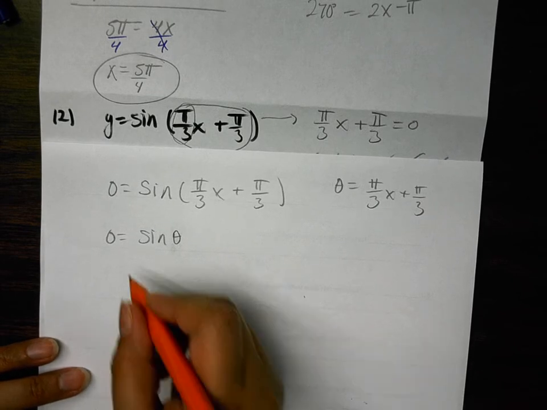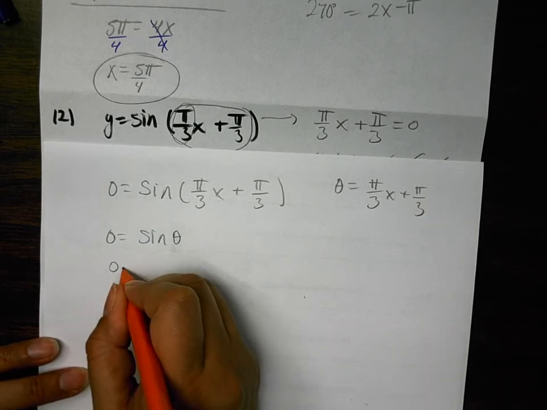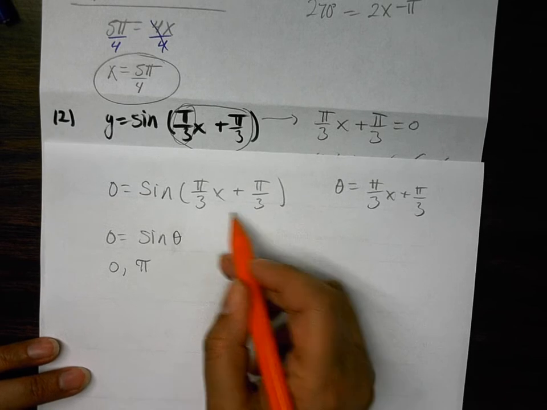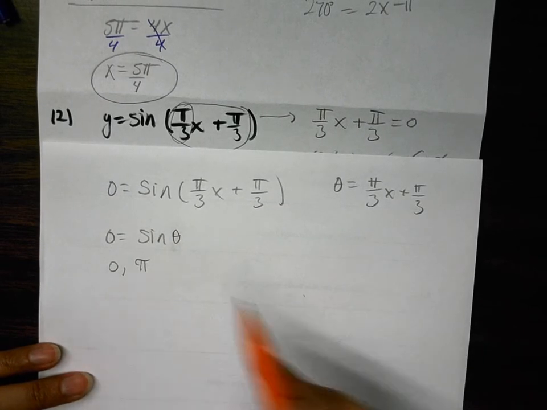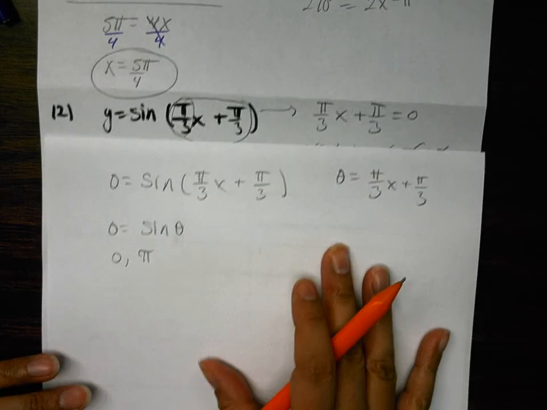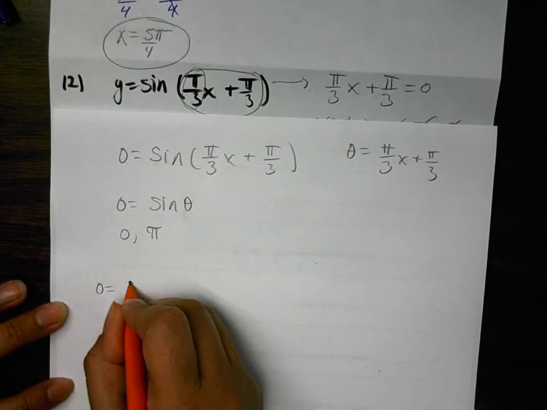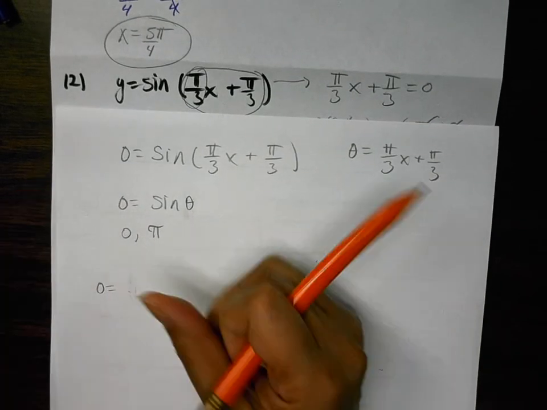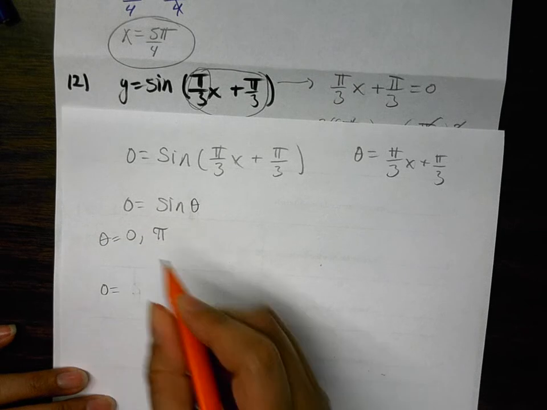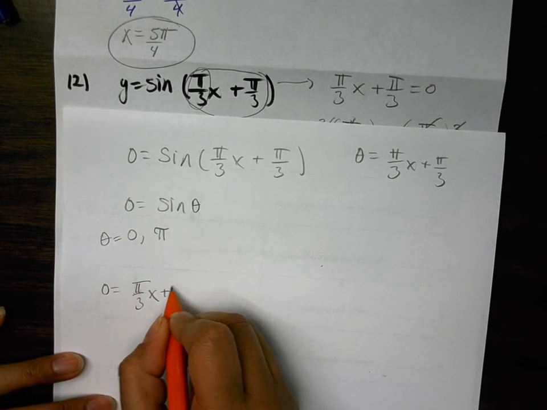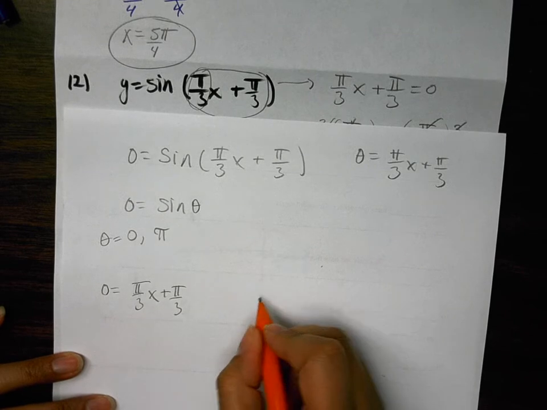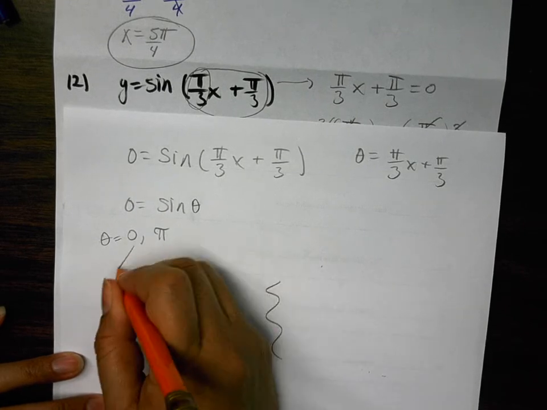What two places is sine 0? 0, 180? Are you guys okay if we call it 0 and pi only because these are radians? Yeah? Does everyone agree that 0 and pi are the two places where sine is 0? Okay. 0 equals, that's what theta equals. So 0 equals pi over 3x plus pi over 3.